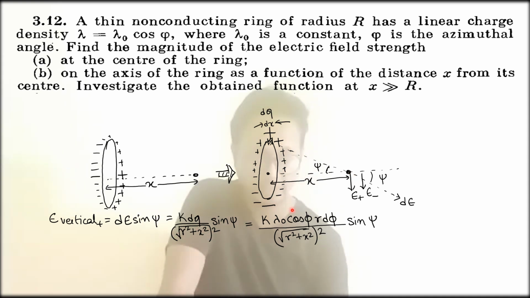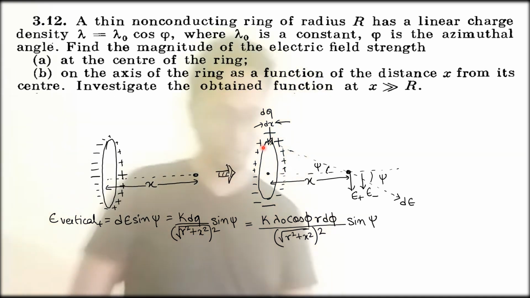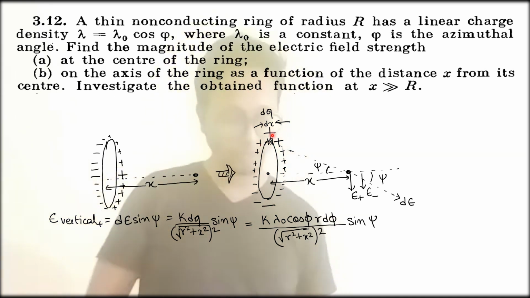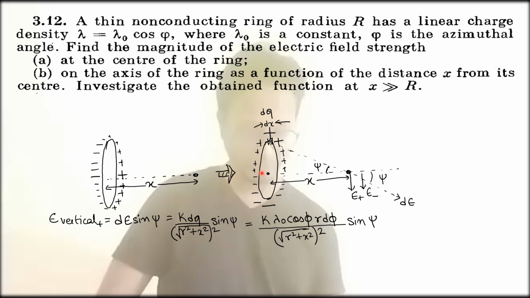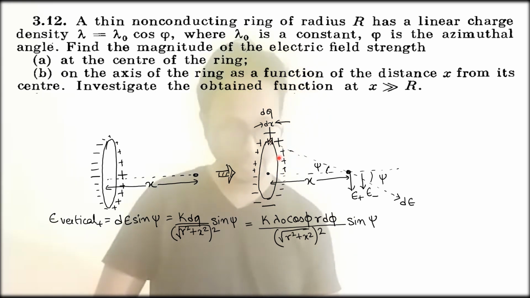What will change is that I have to integrate this charge for the total ring out here. So first I'll integrate the positive portion of the charge. If I integrate the total charge, the positive would cancel out the negative and the total charge would come out to be 0, so I'm avoiding that. I'll integrate the first half, then I'll do the second half.